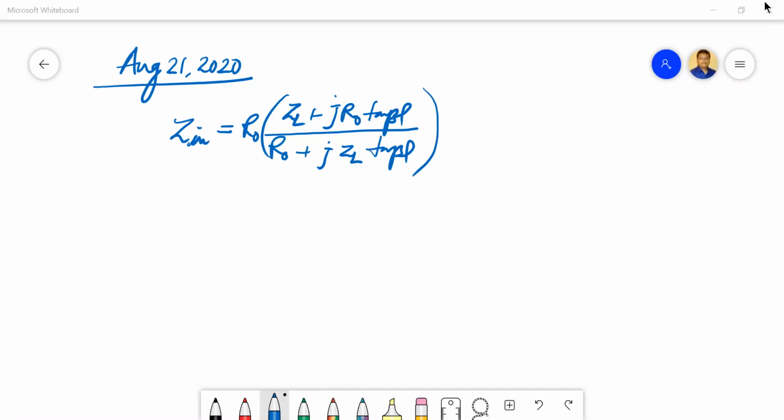This was the focus, and around this formula, we developed four different cases, if you remember.